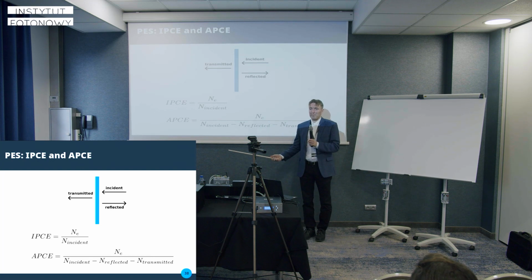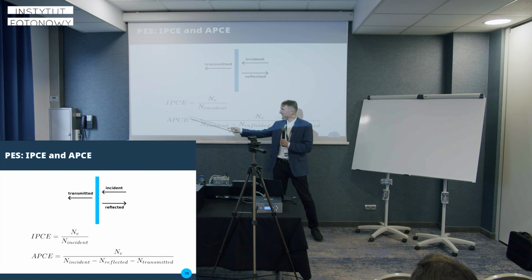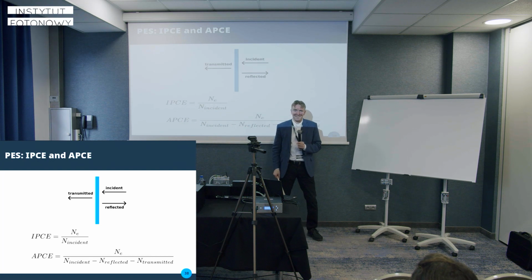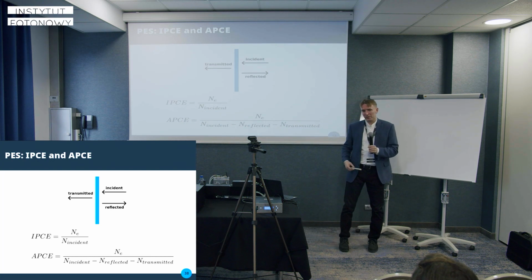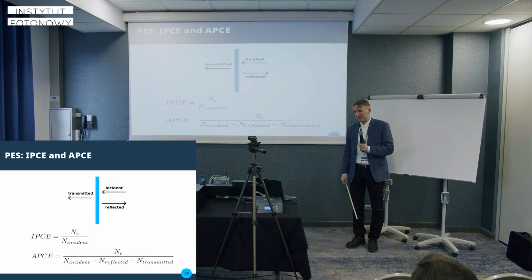They can be equal, but it is rare. So publication-wise, it is much better to show this one. Okay. So this is the difference between those two values, and they all can be measured on the photoelectric spectrometer.